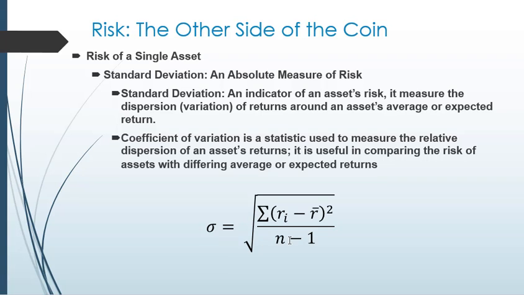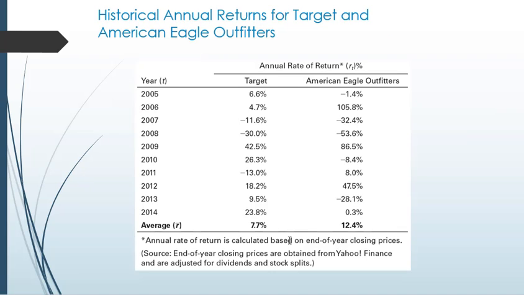This is a measure here of the historical calculation of standard deviation. So here we have a couple of assets. We have Target and American Eagle. Here are their rates of returns over the past several years. At the bottom here, you can see that the average is 7.7% for Target and 12.4% for American Eagle.